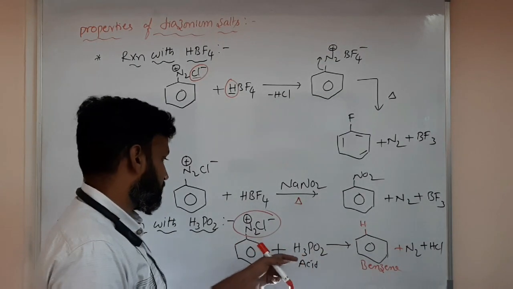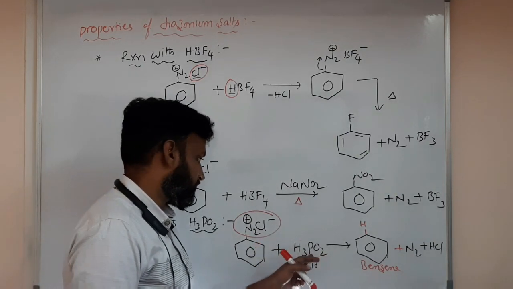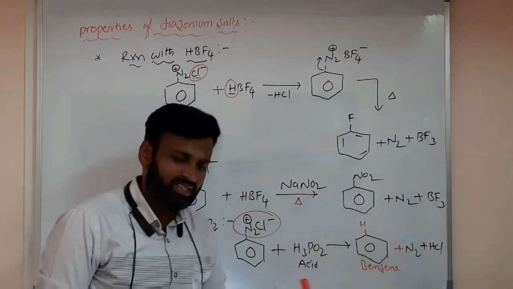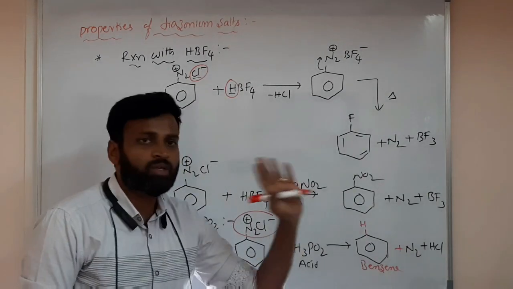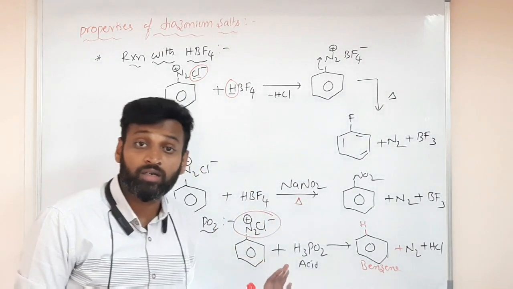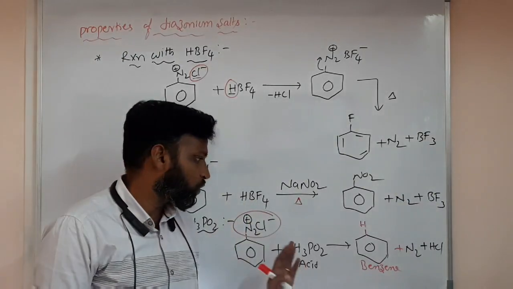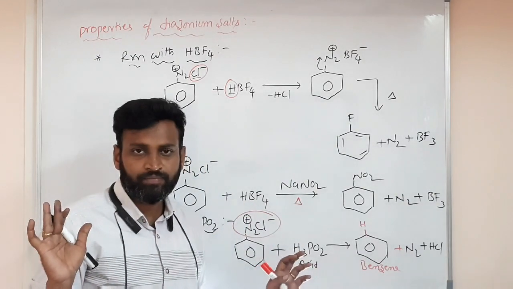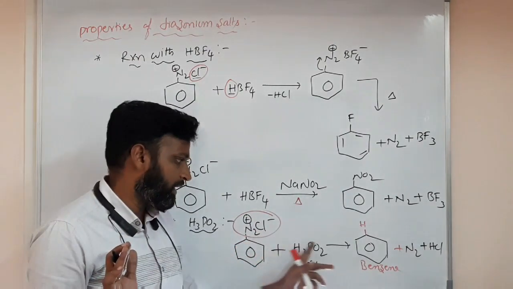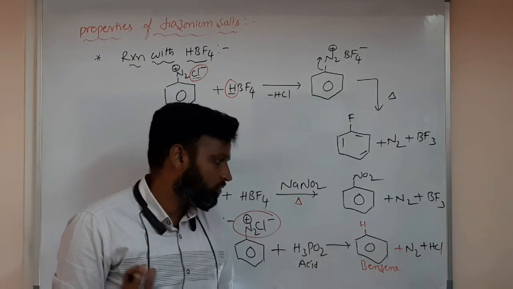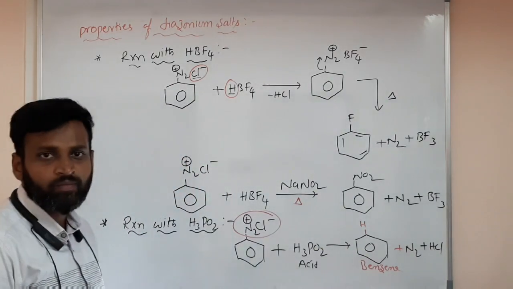Cl also combines to give HCl, and the remaining PO2 comes as phosphorus oxide, which is unnecessary. So diazonium salt, benzene diazonium chloride, with H3PO2 gives benzene as the product.